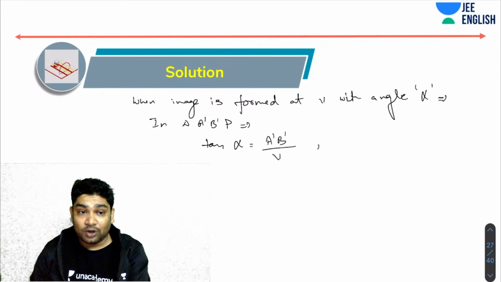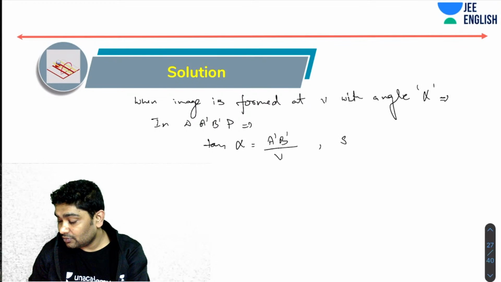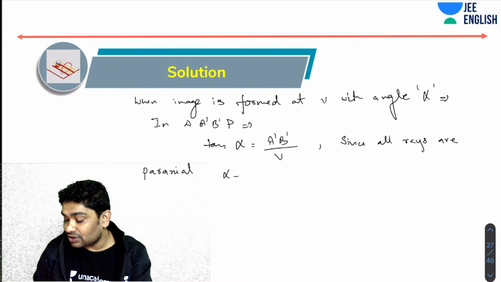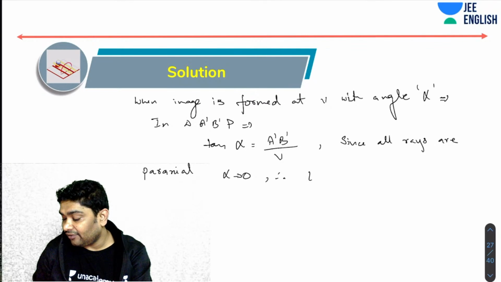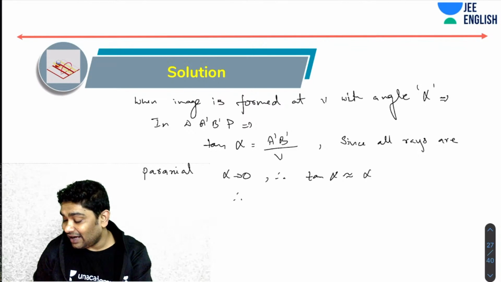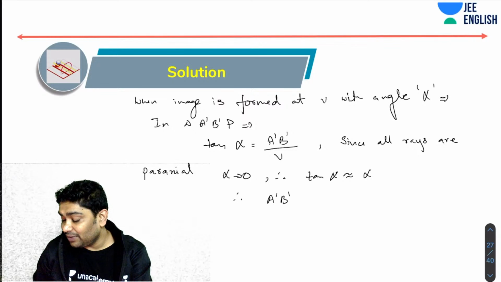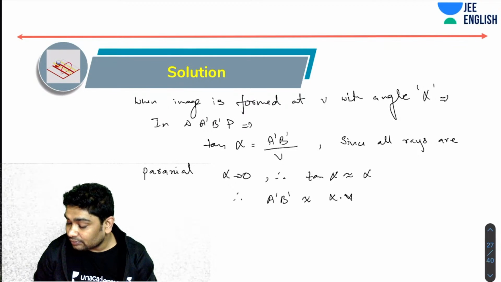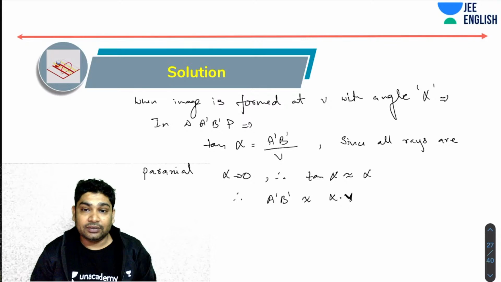And since we only talk about paraxial rays, since all rays are paraxial, alpha tends to 0. Therefore, tan alpha is roughly equal to alpha. Therefore, A dash B dash would be roughly equal to alpha times v. So that is the idea that we are going to use here.